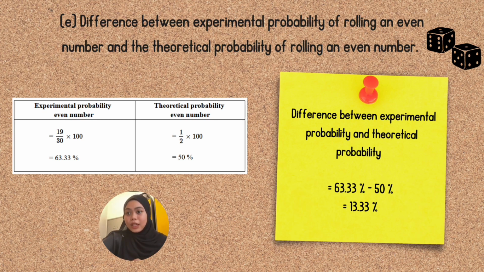Next, for the theoretical probability, 1 over 2 times 100, and we get 50%. To find the difference, we subtract the theoretical from the experimental probability, which is 63.33% minus 50%, and we get 13.33% as the difference between them.